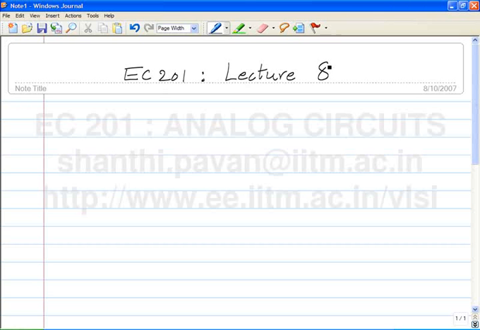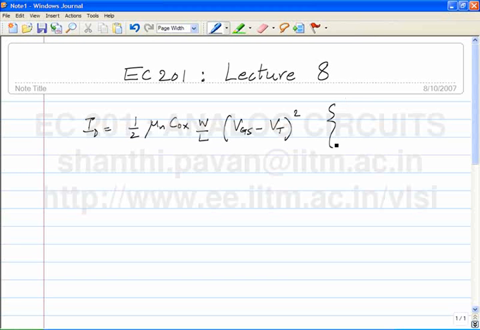EC201, lecture 8. So to give you a quick recap of what happened yesterday, we basically discussed the characteristics of the MOSFET, more precisely the N-channel enhancement mode MOSFET, where the drain current in saturation is given by 1/2 mu n C ox W by L times (VGS minus VT) the whole square, where this equation is applicable when VDS is greater than or equal to VGS minus VT and when VGS itself is greater than some minimum voltage called the threshold voltage VT.